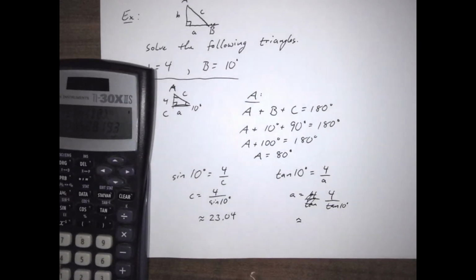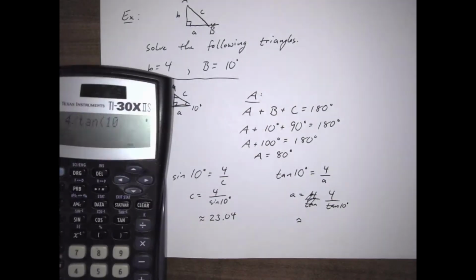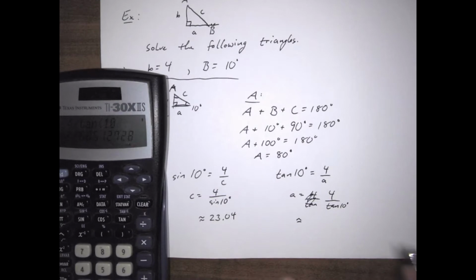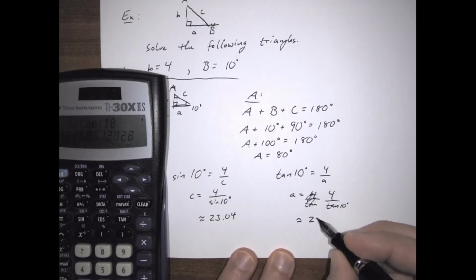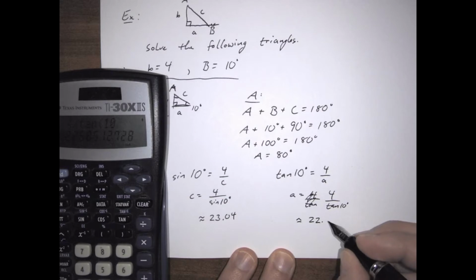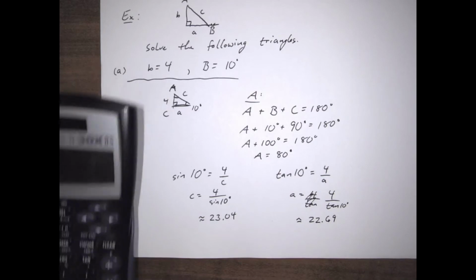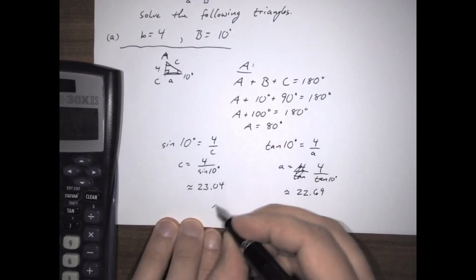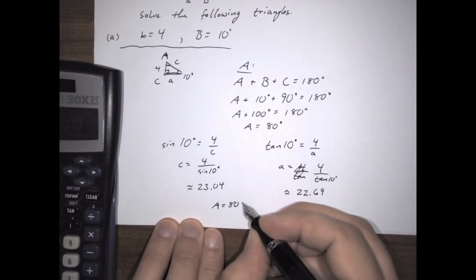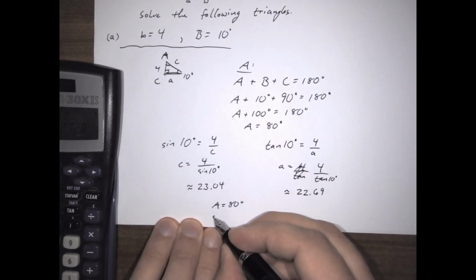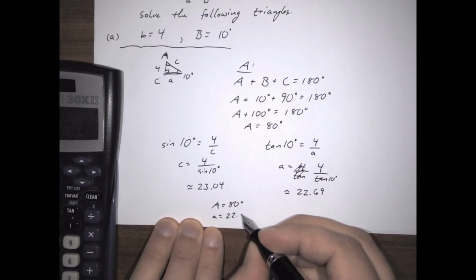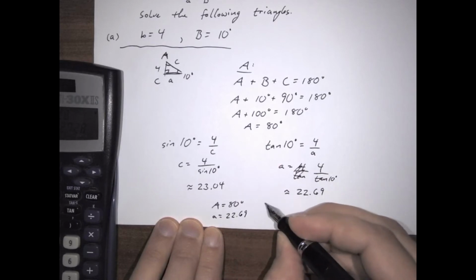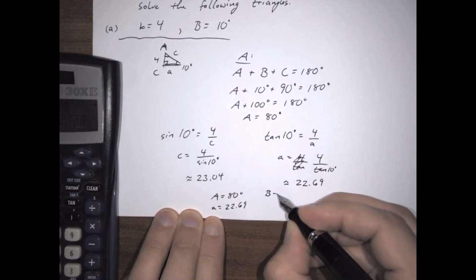Again, just make sure your calculator is still in degrees, and that gives us 22.68, or 22.69 if I round it. Okay, and so that gives us our 3 missing pieces. A is 80 degrees, little a is 22.69. And there's no harm in giving the ones that we already knew as well.